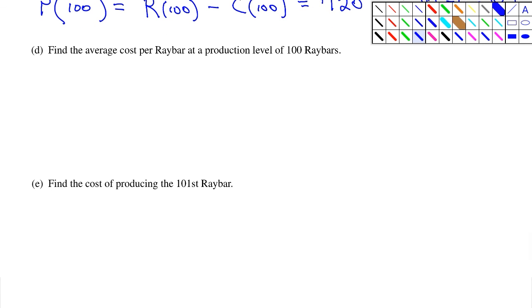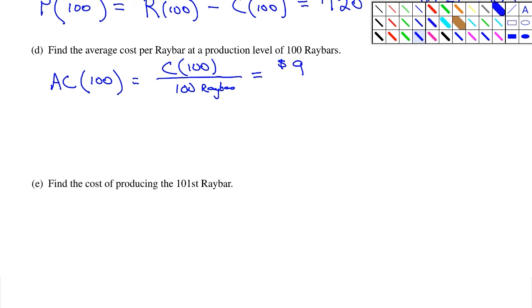Part D, find the average cost per ray bar at a production level of 100. All right, so average cost at 100 is equal to the cost at 100 divided by 100 ray bars. And what was the cost at 100? $90 per 100 ray bars.